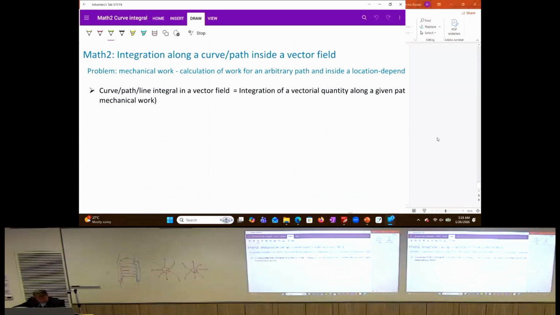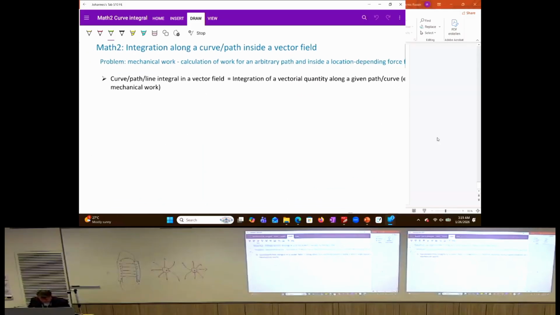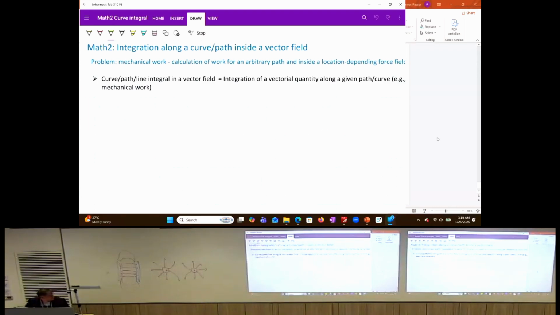Okay, the problem we're going to encounter is the mechanical work. And work is something where you calculate basically a work for an arbitrary path, and this is within some force field. There are various force fields we know in physics. It could be also, for example, the gravitational force. If you carry some object up on the hill, then you will exert some force onto it and you will change its potential energy.